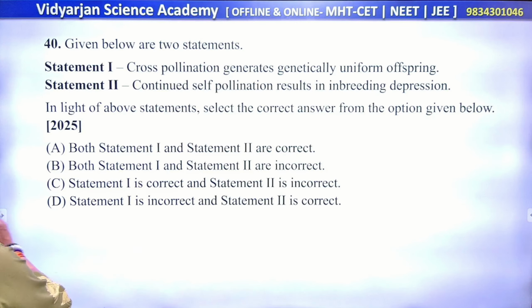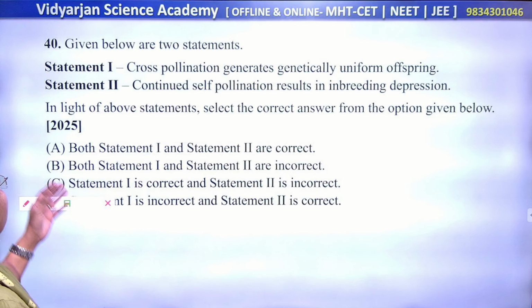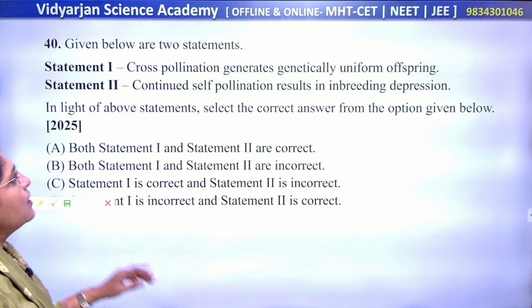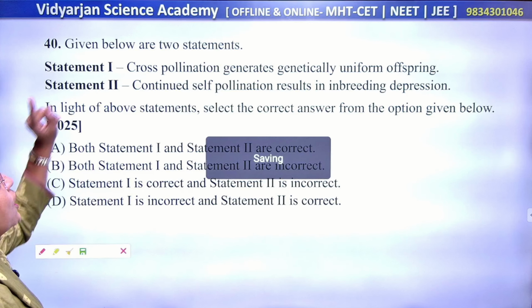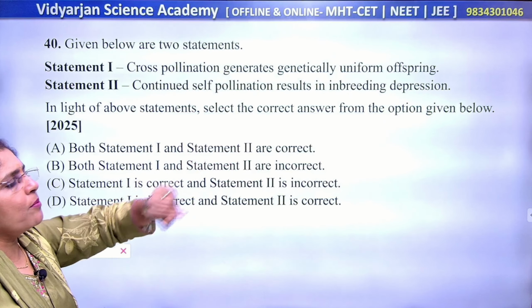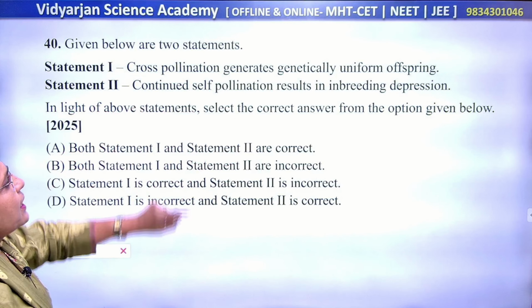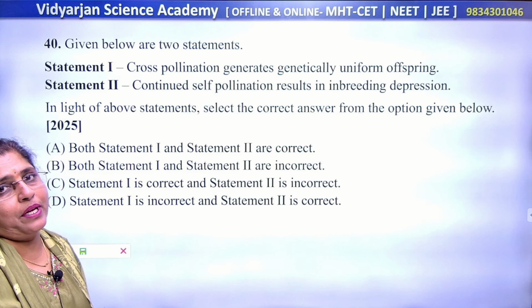Next question. Two statements are given here, and we are supposed to select the correct statements. Statement number one is: cross-pollination generates genetically uniform offsprings. Statement number two is: continued self-pollination results in inbreeding depression.